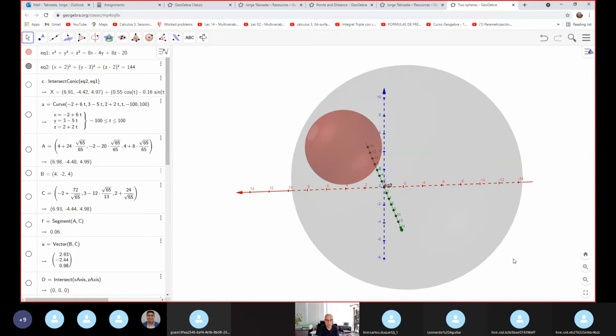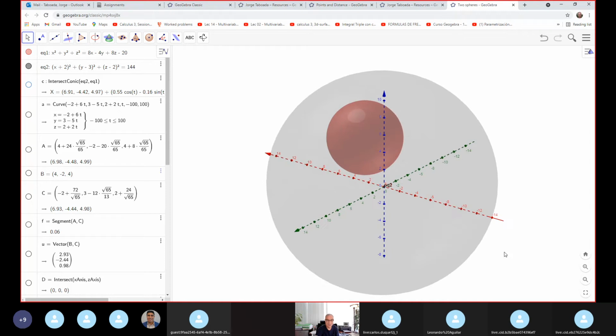I put the big sphere in gray color and make the opacity a little bit small to see inside the sphere, right? I discover that we have intersection. Bam, look at that, intersection.